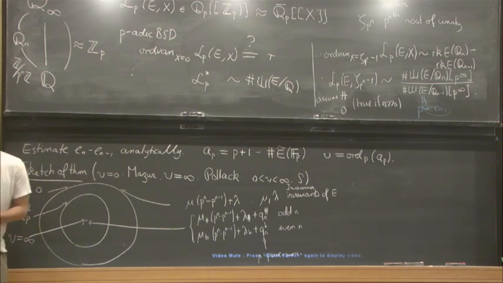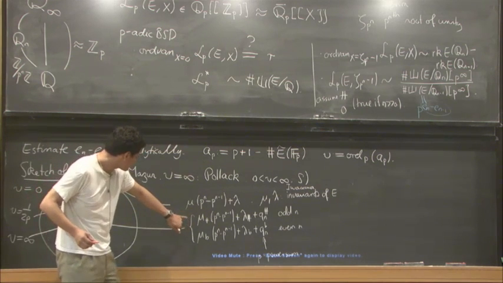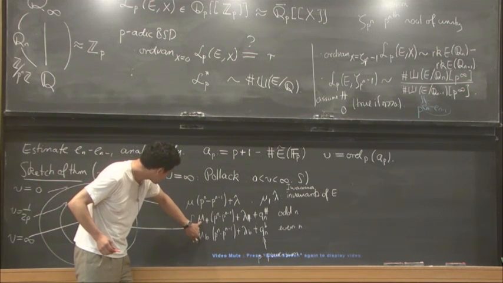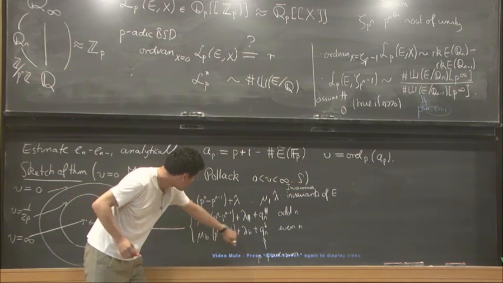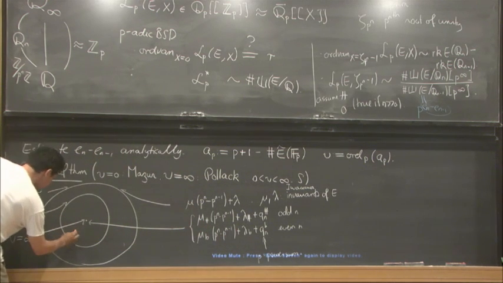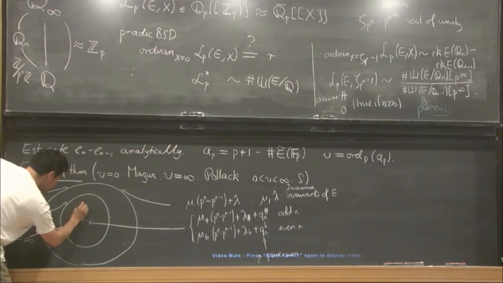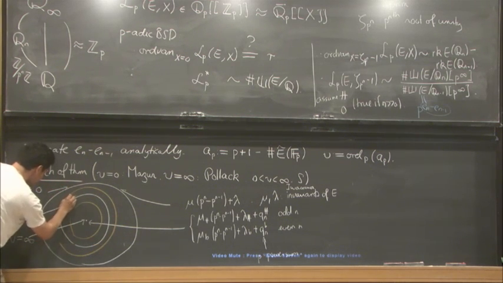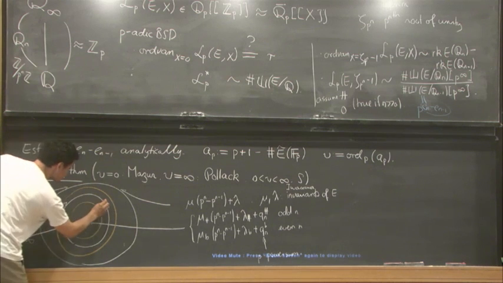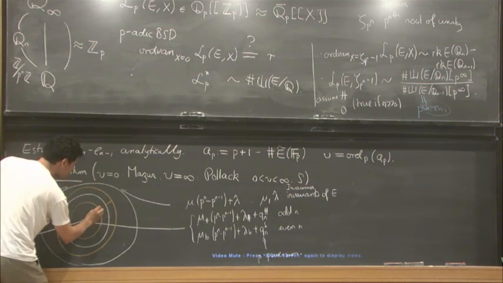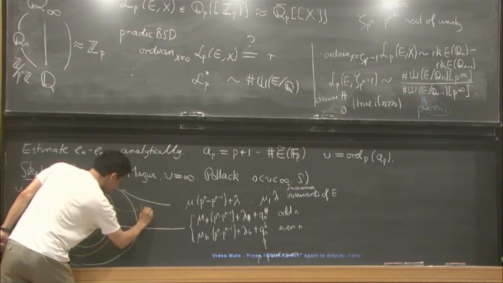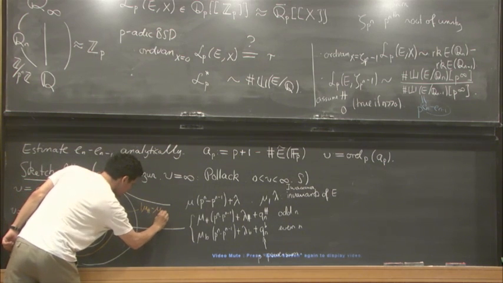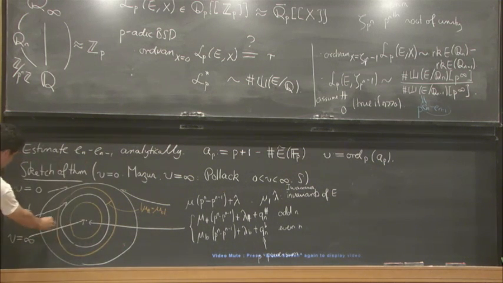And construct appropriate objects so that you can extract the pairs of invariants, mu sharp, lambda sharp, and mu flat, lambda flat, and build a tube of radius which is equal to the difference between these mu invariants, around this circle here.